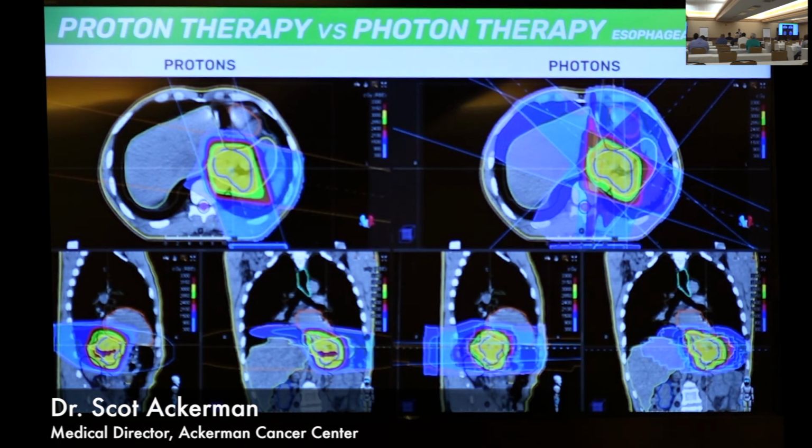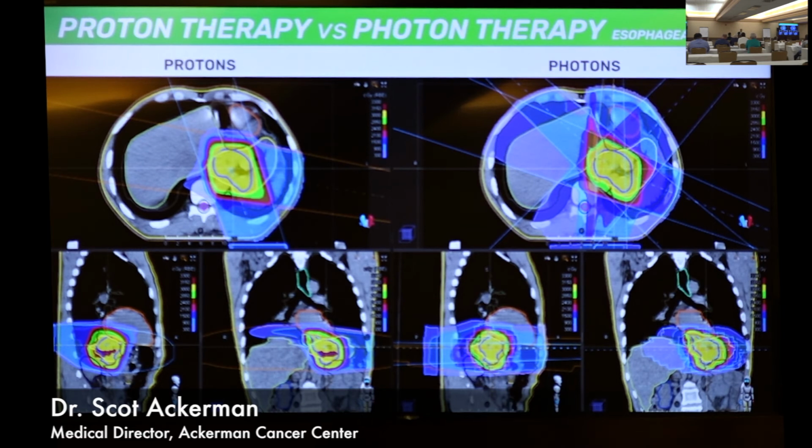We do the same sort of thing there. You can see on the right with the photon IMRT plan, the normal brain tissue receives this low dose of radiation, and that's associated with long-term cognitive decline. And with the more focused proton beam radiation, the brain receives very, very little. And most of the brain receives nothing, literally nothing.